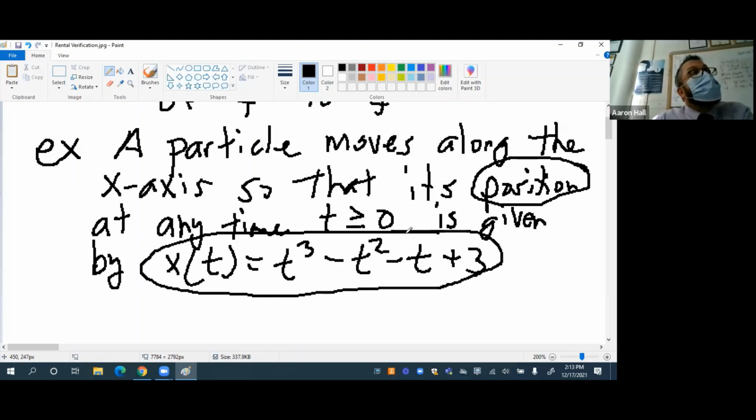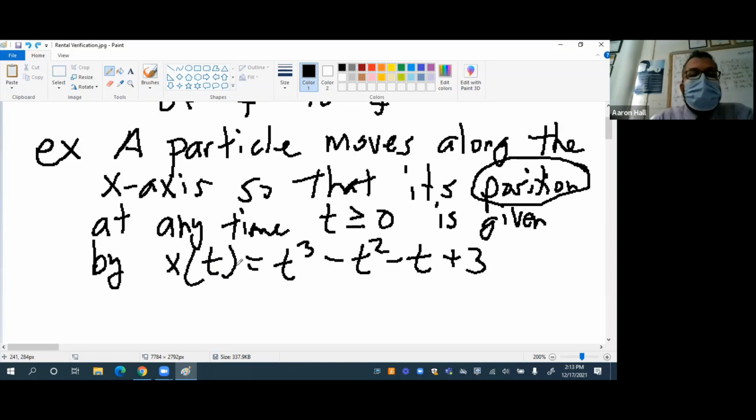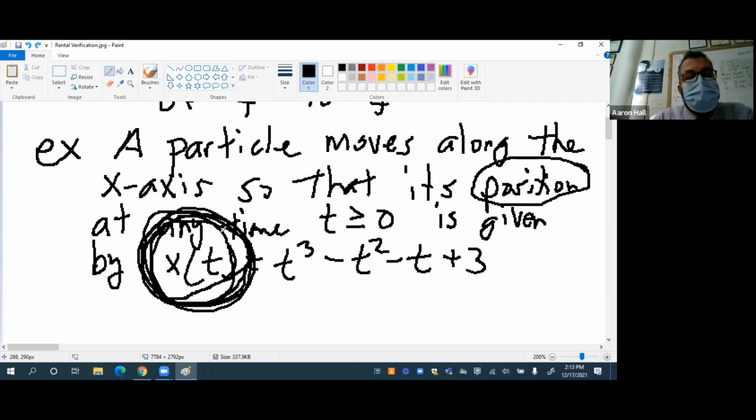I guess the time is greater than or equal to 0. No, that could be, we could be talking about volume or acceleration if it was time greater than 0. Emerson, any ideas? I'm not too sure. What about this x of t? Doesn't this indicate position?